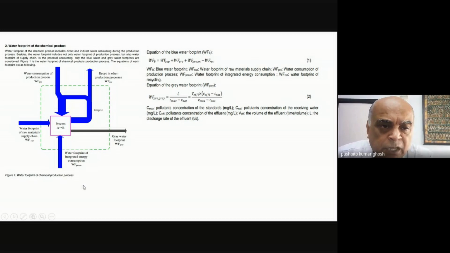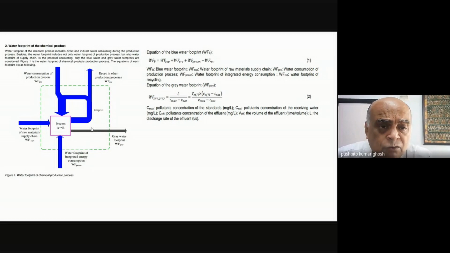For example, in your plant, suppose this is the amount of water that I'm drawing in from the lakes, rivers, municipality, wherever. This is the amount, and let's call it the water footprint production. PRO stands for production. And then I could have made it quite simple. I could have figured out the amount being discarded, and also whether I'm recycling something, and I could have had a simple picture.